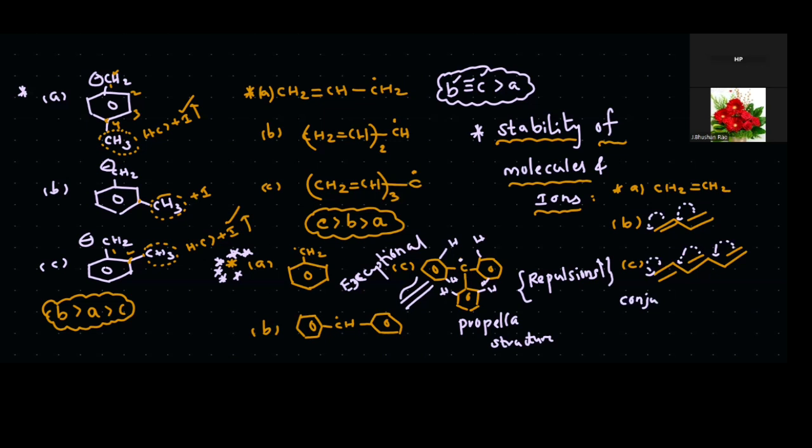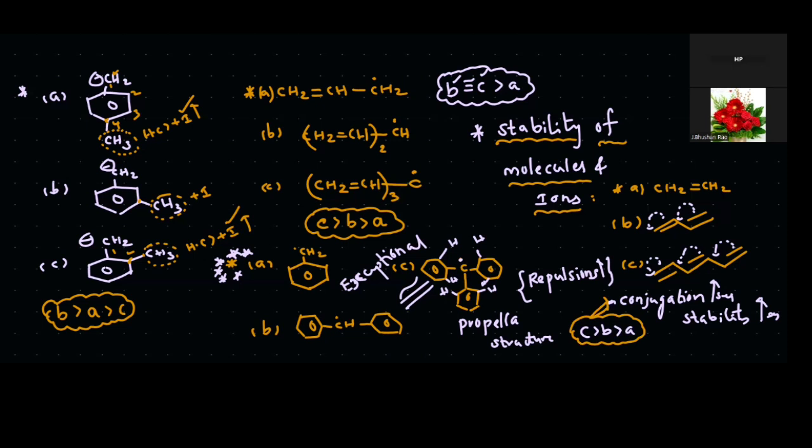If conjugation increases, stability increases. So on the basis of this, C is more stable than B, which is more stable than A. This is the stability order. More the conjugation, more will be the stability of the molecule. So for molecules, we can identify this kind of stability.